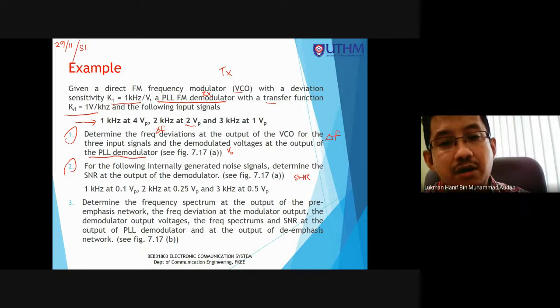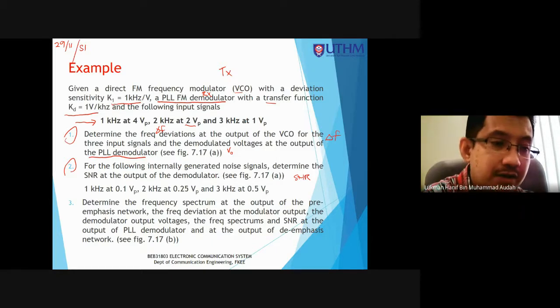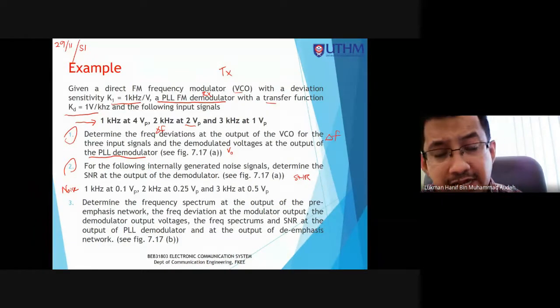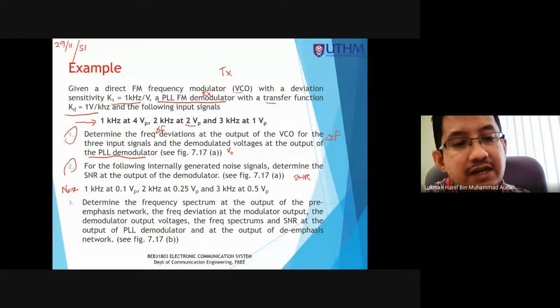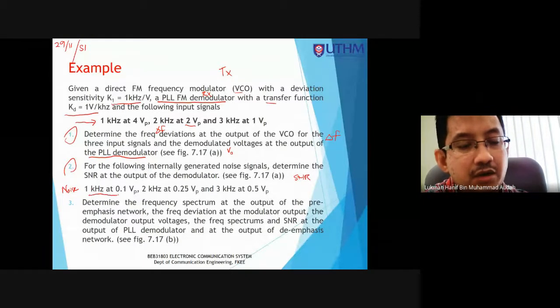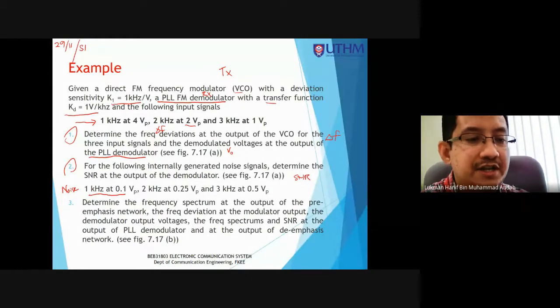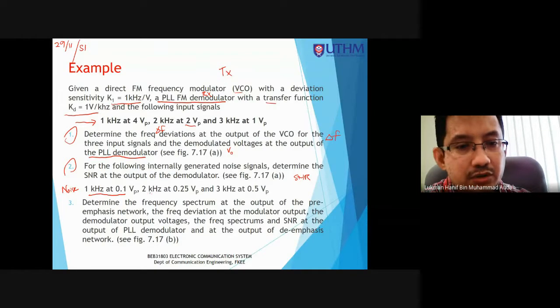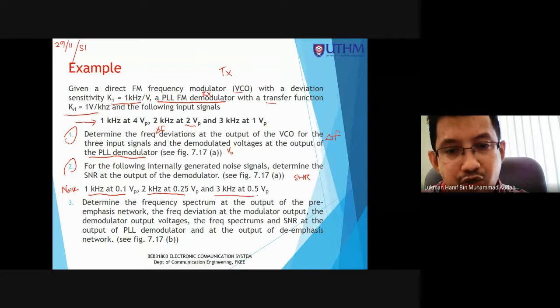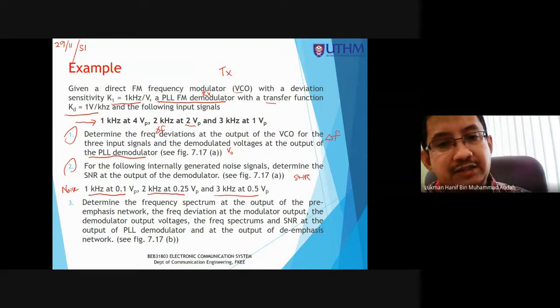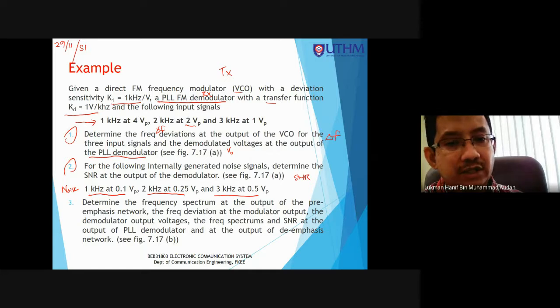Okay, if you are given the noise level like this, tentukan nilai SNR jika diberikan nilai noise seperti ini. Okay, 0.1 volt at 1 kHz, 0.25 volt at 2 kHz, 0.5 volt at 3 kHz. Okay, so kita nak lihat soalan yang 1 dan 2.